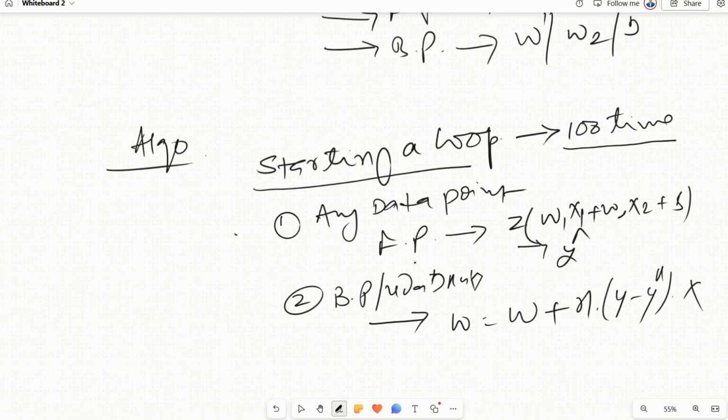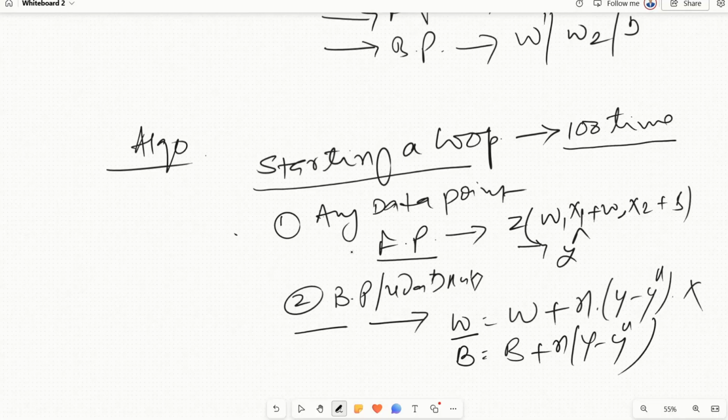So these two operations, forward propagation and backward propagation. After backward propagation updates, my weight and bias got updated. My bias will also get updated like this: b = b + eta (y - y dash).